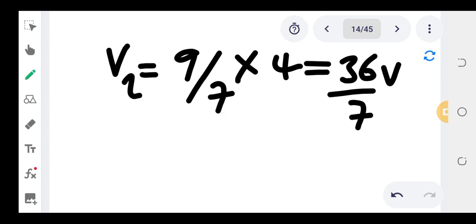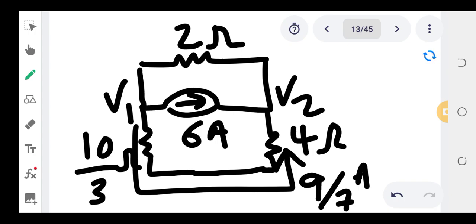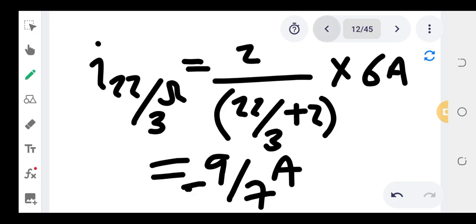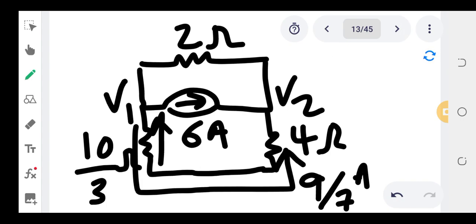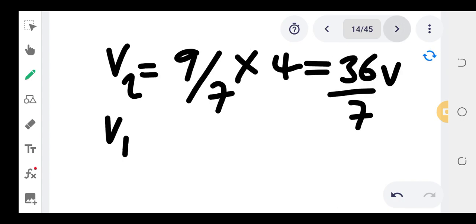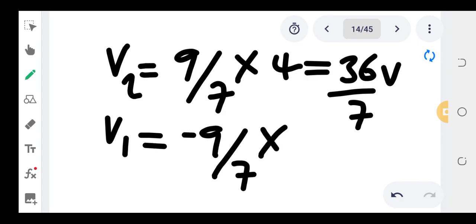But to come up with V1, here is the thing. We must have the current going in this direction, and the current going in this direction has to be assigned a negative, like I did here. So it has to have a negative if it goes in that direction. So we are saying it is negative 9 over 7 times the resistor there, which is 10 over 3.